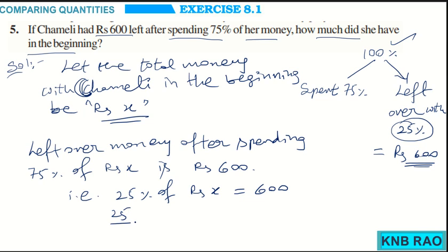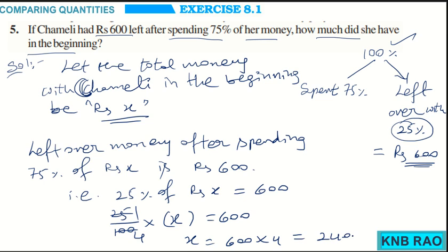So 25 percent, nothing but 25 by 100, into rupees X equals 600. So 25 ones are 25, 25 fours are 100. So X equals 600 into 4 gives 2400 and it is rupees. Now you write the conclusion. So this is the way of presenting.